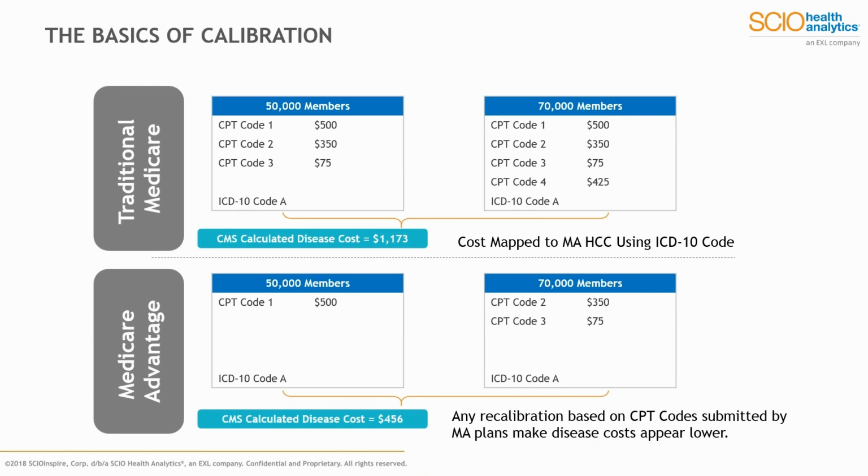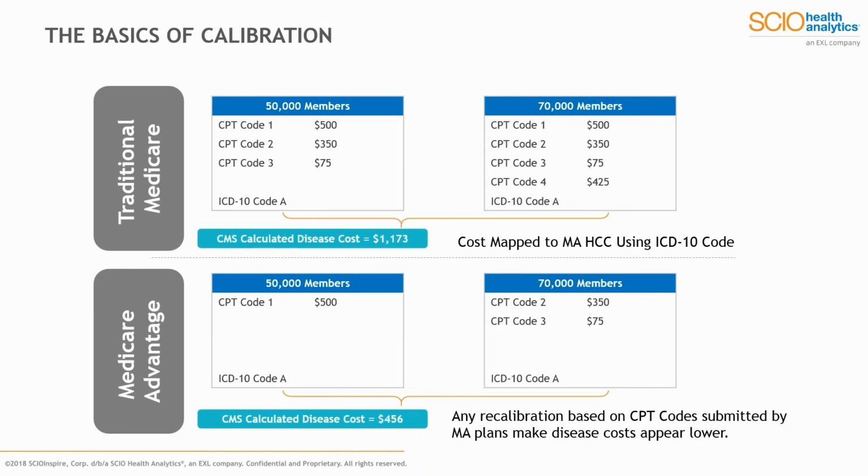So repricing based on the MAO EDPS submissions could potentially be far lower than anything we've experienced with fee-for-service-based pricing. In the example, we see a large disparity in cost between fee-for-service submitted CPTs and the MAO submitted CPTs, both for the same diagnostic conditions. As you can see, disease cost using fee-for-service is $1,173, while for the MAO, for the same condition, it is $456.